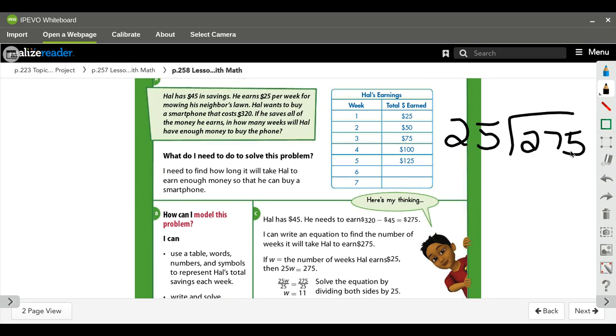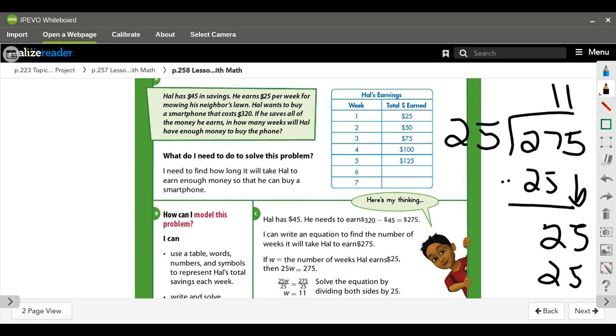So 25 goes into 27 one time. That's 25. When I subtract, I get 2. I bring down the 5. 25 goes into 25 one time, so I get a total of 11. So W equals 11. So it's going to take 11 weeks to figure this out.